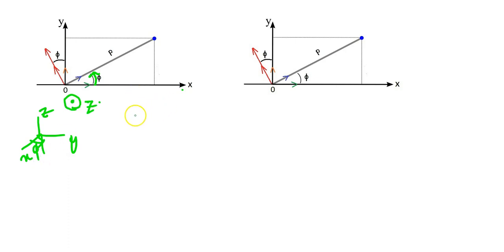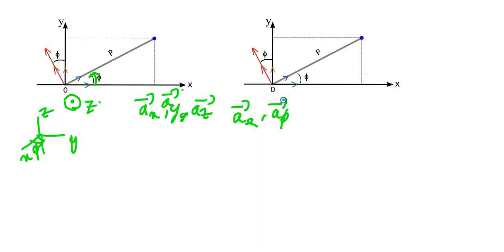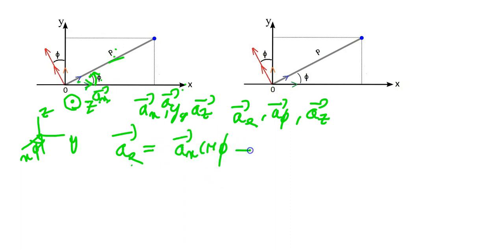We know that the unit vectors along x, y and z are ax, ay, az. And also we know that the unit vectors along rho, phi, z are a rho, a phi, and az. A rho is ax cos phi plus, from this side, ay sin phi.